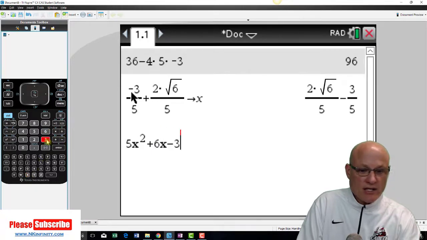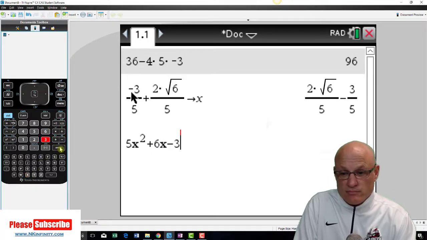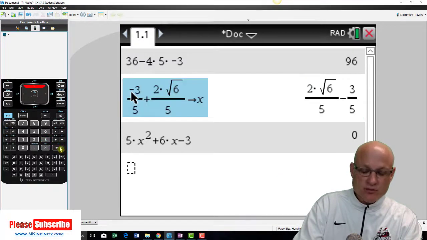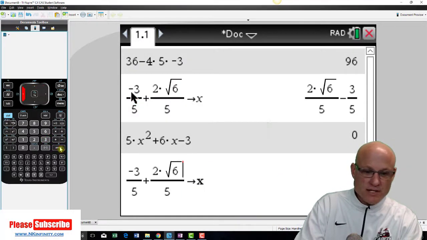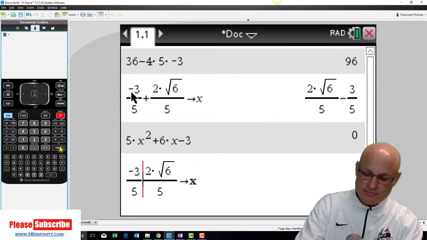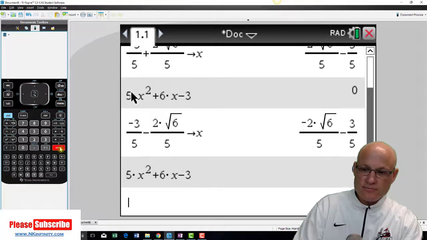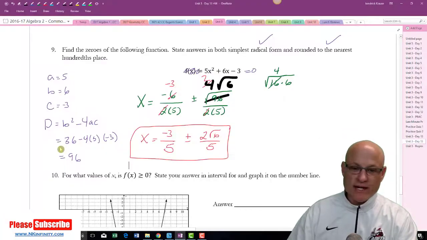Now if I did this correctly, I should end up with 0. Yes. And again, if you want, you can change this to a minus, and you get 0. So I have my two answers in simplest radical form.